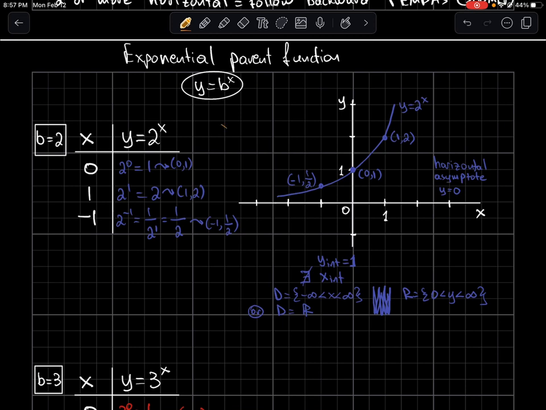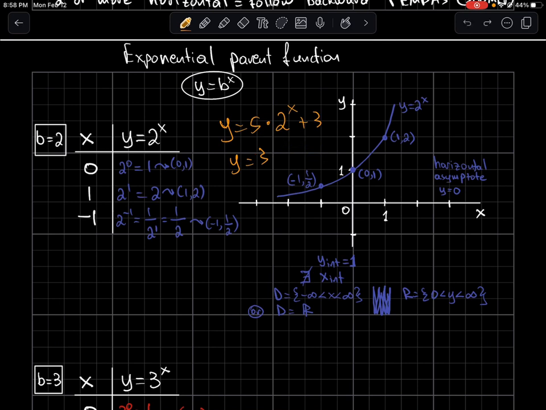That generates exponentials that could look like this: y equals 5 times 2 to the x plus 3, or y equals negative 3 times 2 to the x minus 1, plus 6. Things like that.